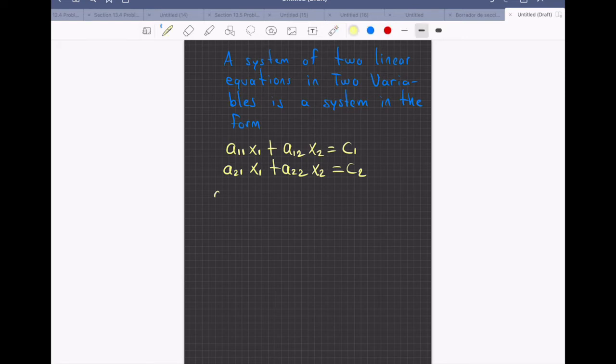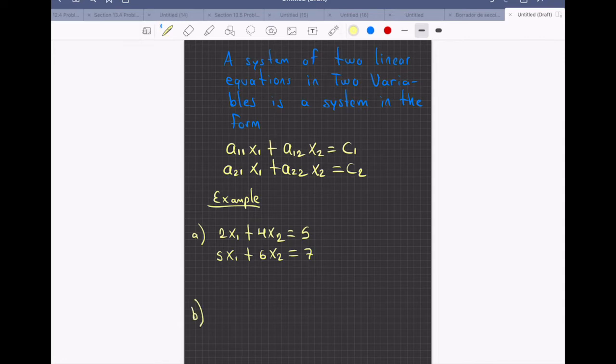So, for example, one example of a system of two linear equations is, part A, 2x1 plus 4x2 equal to 5, and 5x1 plus 6x2 equal to 7.